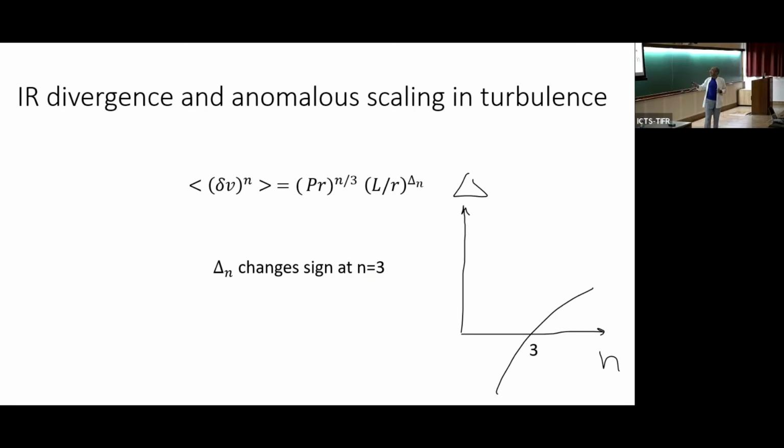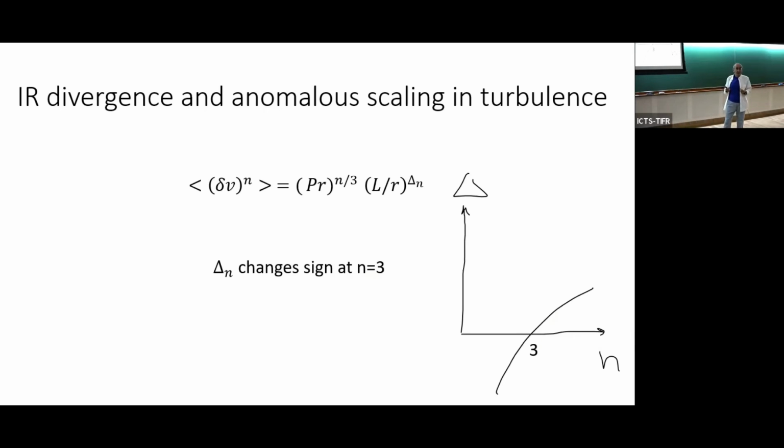On the other hand, when n is larger than 3, so you're asking for high moments, for high cumulants, they all go to infinity because delta is positive. On the other hand, there is no dependence on the dissipation wave number. So what I think we found in our system, just by considering the first correction, we also computed the two-loop correction, and we tried to sort out the whole series.